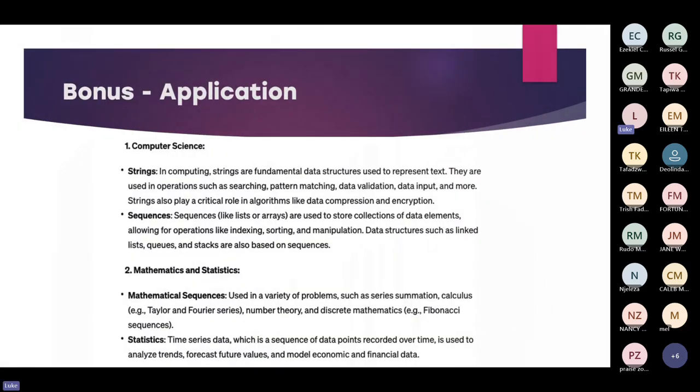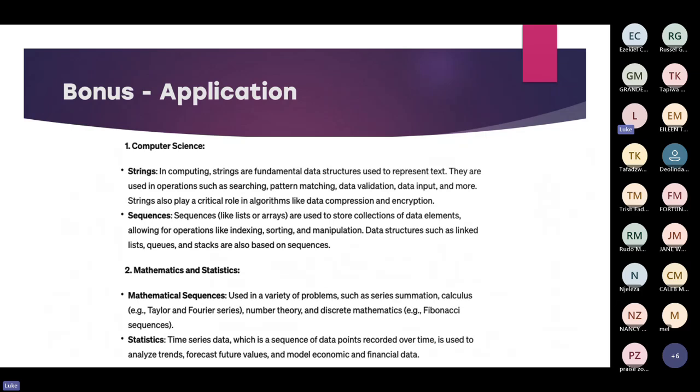And then this is the bonus one that we just talked about for those guys who are doing computer science. We're just saying some will find out how strings are used or how sequences are used. So in computer science, strings, in computing, strings are fundamental data structures used to represent text. They are used in operations such as searching, pattern matching, data validation, data input, and more.